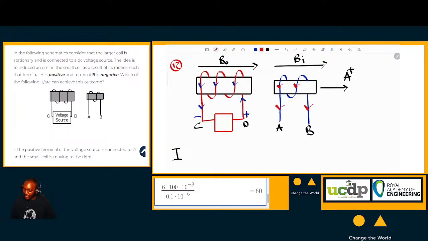which means our current is flowing from... what have I done? The B is incorrect. Did you manage to grip that correctly?